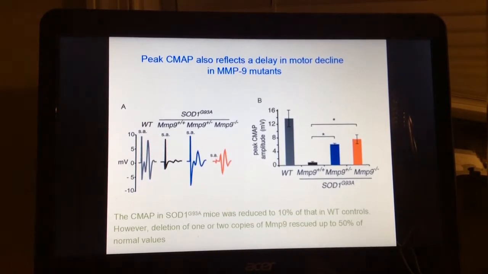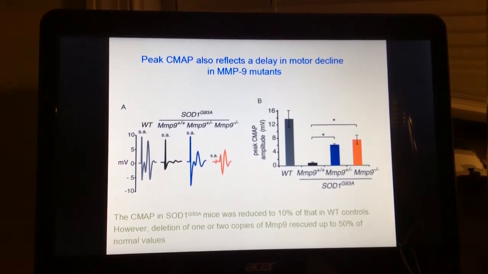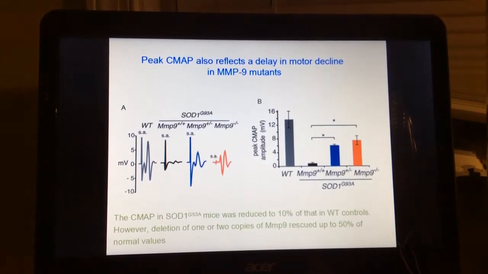And then they measured the compound muscle action potentials, CMAP, to confirm that the preserved synapses were functional.